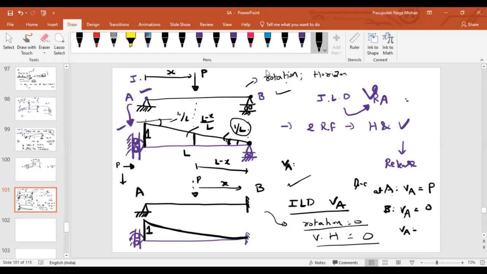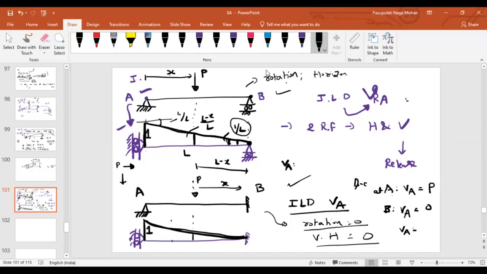That's what I'm asking you. So what is the difference? Here it is a linear case, isn't it? As it is linear, I know that the slope is 1 by L. But here, it is not a linear one. It is a non-linear curve. As it is a non-linear curve, you cannot find out the ordinate.